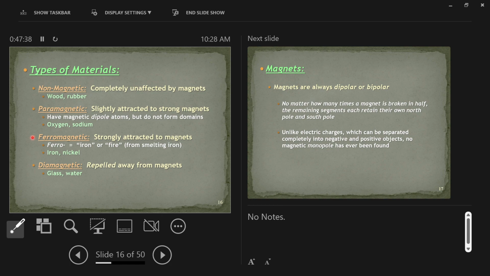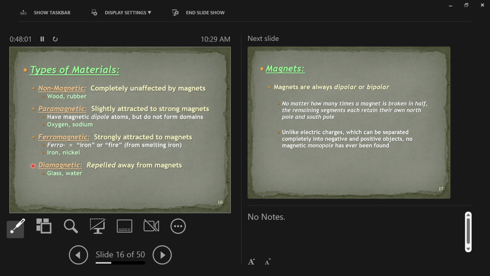Ferromagnetic materials, strongly attracted, do form magnetic domains. Ferro, in this case, is a root meaning iron, or fire, but we use ferro. And in fact, if you look on the periodic table, iron is listed as Fe for ferro.